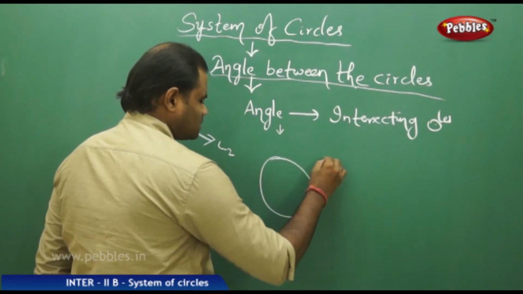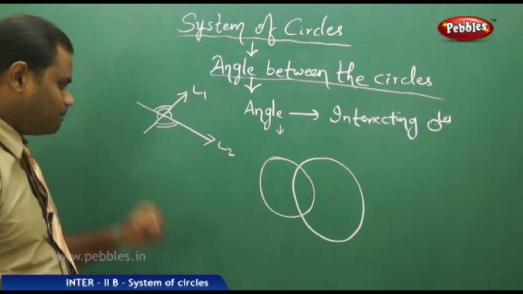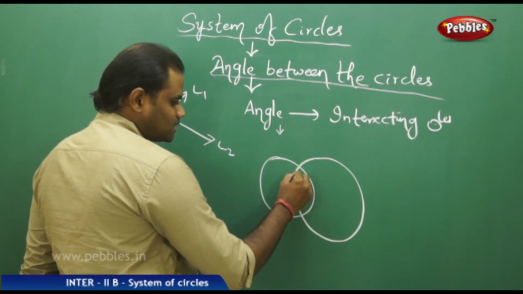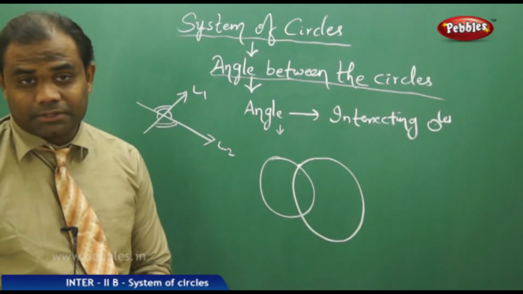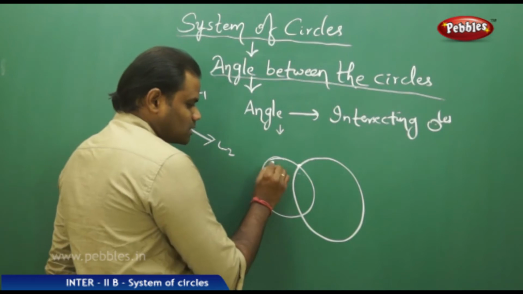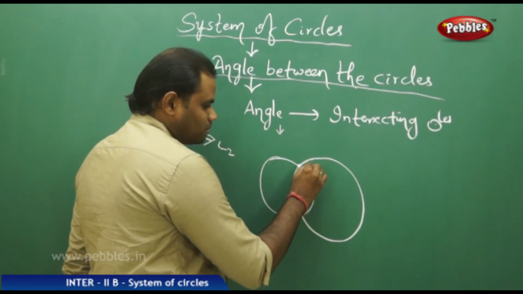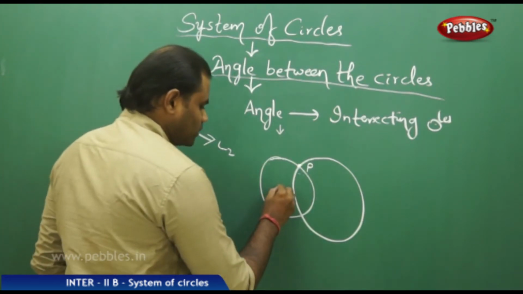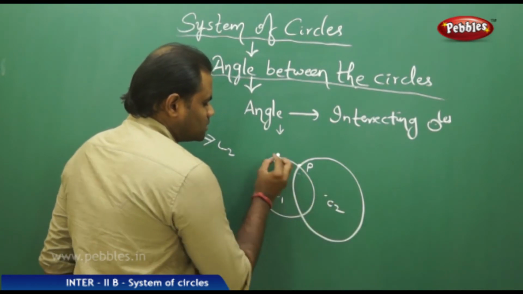So angle is related to intersecting circles in this way: if I have two circles, then the angle between the circles is nothing but the angle between the tangents. That is, if I have two circles intersecting here, this point of intersection, which I denote with P, has two tangents, one to the circle with center C1 and one to the circle with center C2.